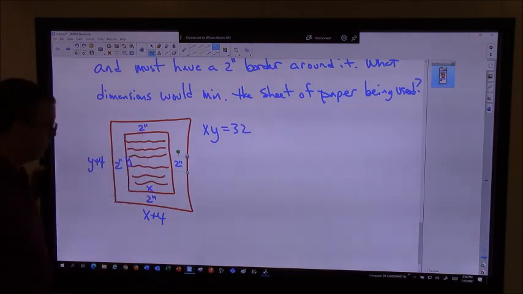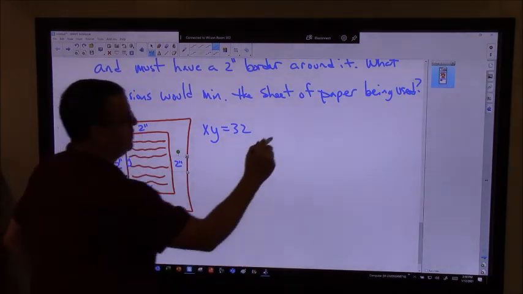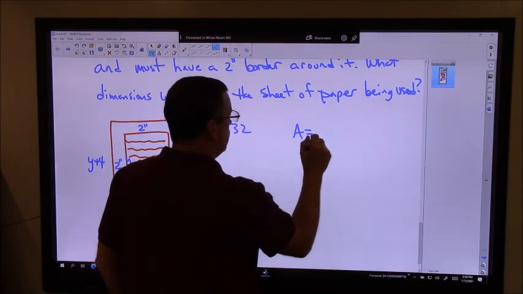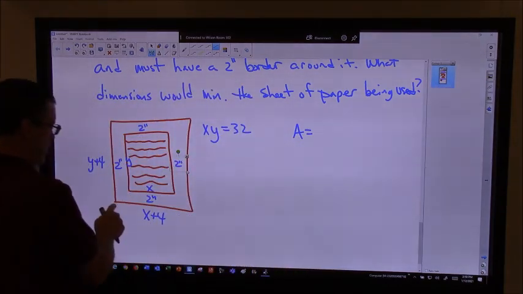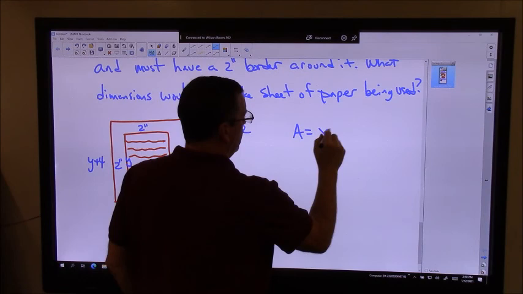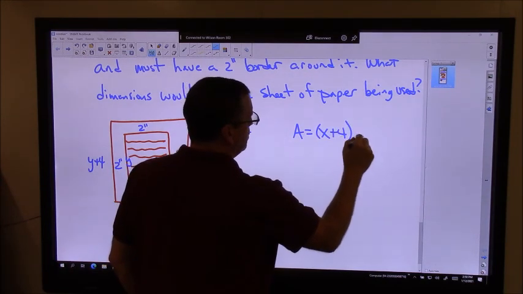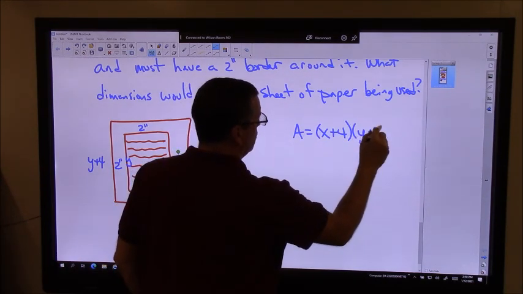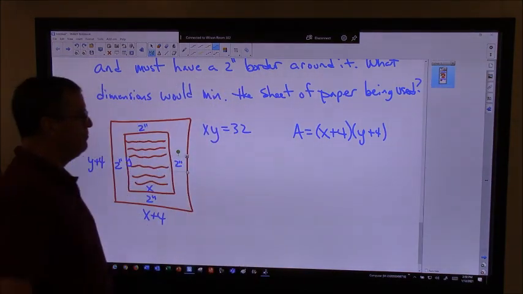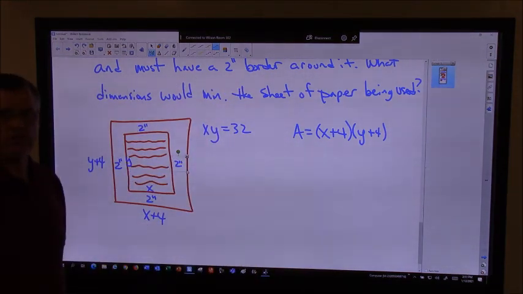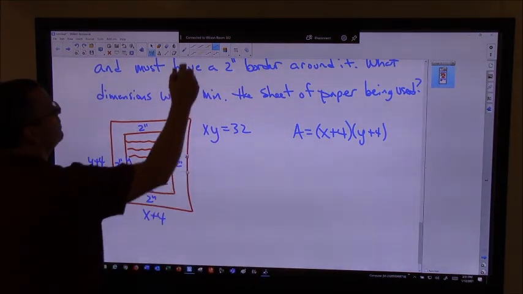That's the part that I'm trying to minimize. So area equals length times width, so x plus 4 times y plus 4. But it'd be really nice to have this in terms of just one variable, right?